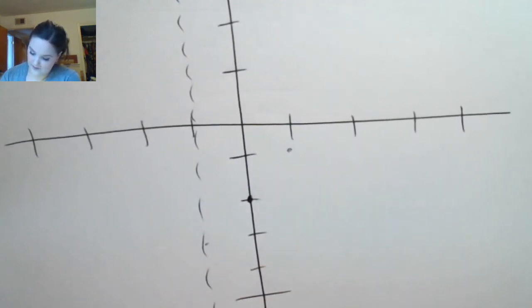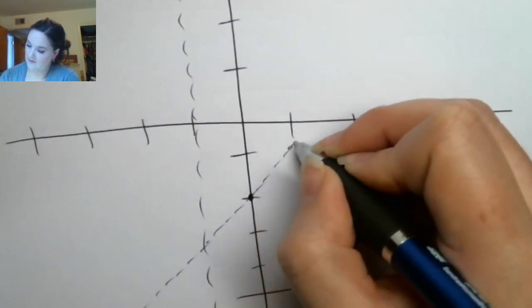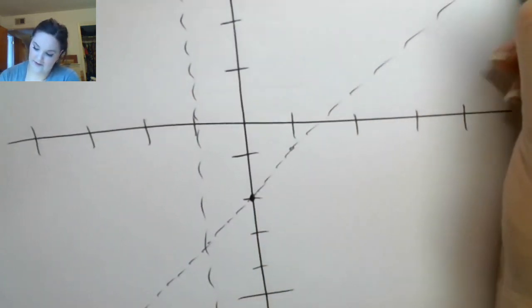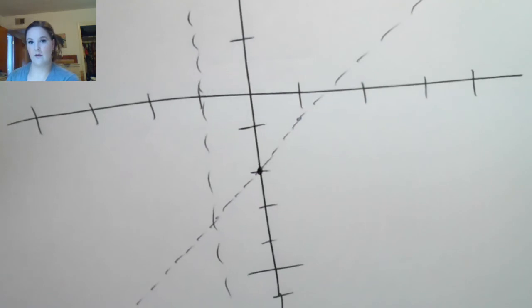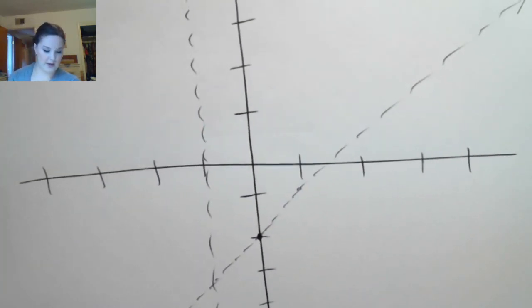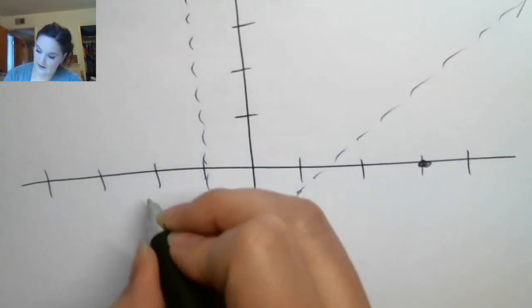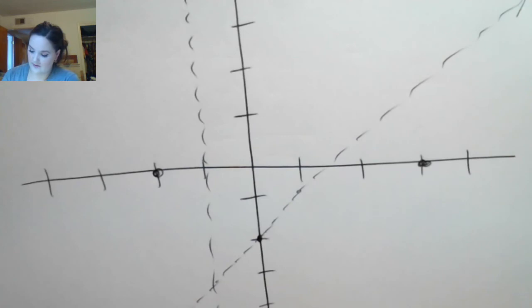Okay, so that asymptote is going to look like this. Okay. All right. And then I'm going to put in my intercepts. 3, 0, -2, 0, and 0, -6.